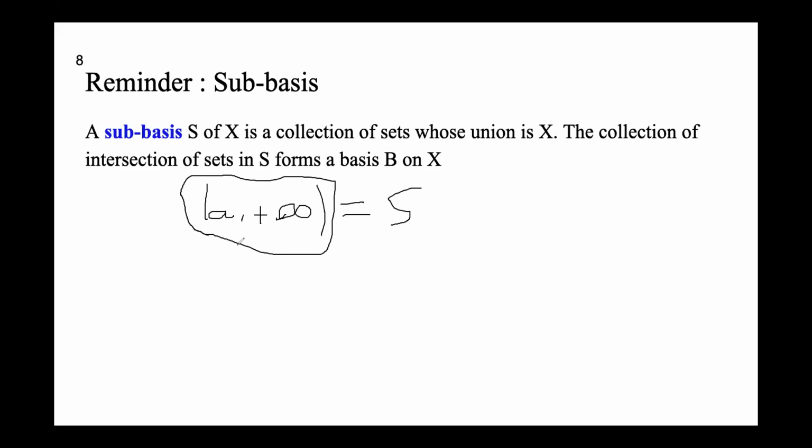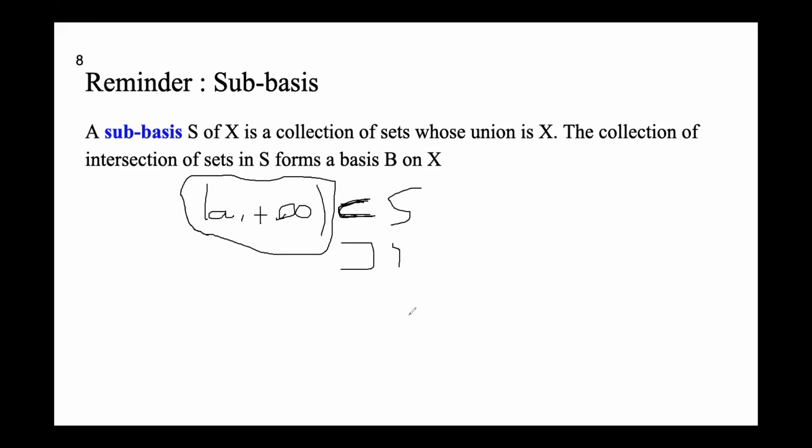So the topology is contained in the order topology, because it is an open set, which means that we already have this inclusion. Okay, so we will have to prove the other one.